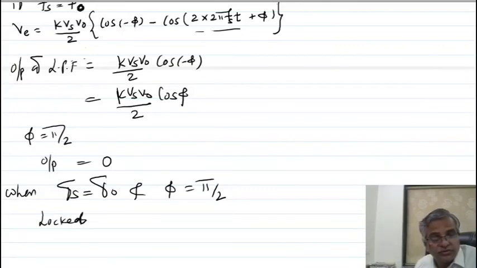This is the main condition to get perfect lock: the frequency of input and frequency of Fo should be equal, as well as the phase between these two signals should be pi by 2.